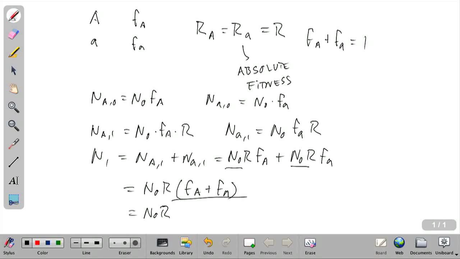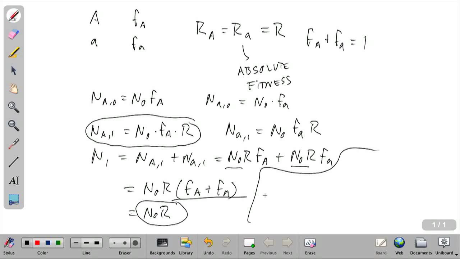Now this means that we can actually compute the frequency of A after one generation, because this is the number of uppercase A after one generation, and this is the total number of individuals present after one generation. So going into the corner here, the frequency of uppercase A after one generation is the number of uppercase A after one generation divided by the total number of individuals present after one generation.